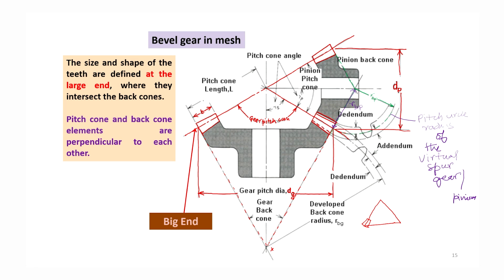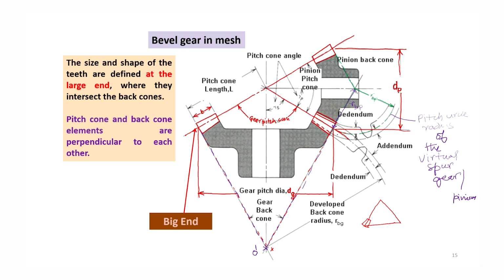Similarly, the back cone for the gear is this one. This is the back cone of the gear, and the apex of the back cone is this one. Let us say it is O dash.